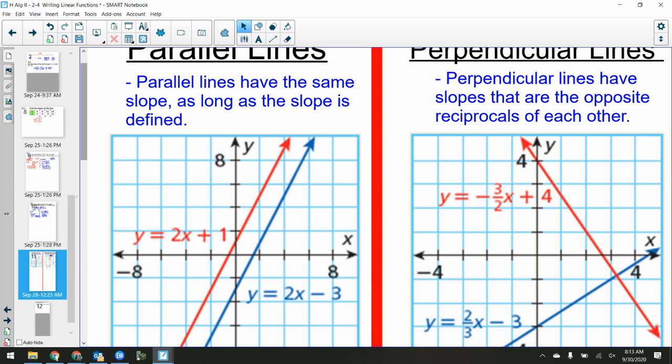And if you took 2 reciprocals and multiplied them together, they would come out to be 1, because that's the idea of the multiplicative inverse. You multiply them, you get the identity, 1. But we can just remember the rule, perpendicular lines have opposite reciprocal slopes. So if one is -3/2, the other one is positive 2/3.